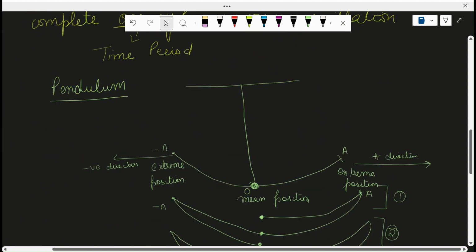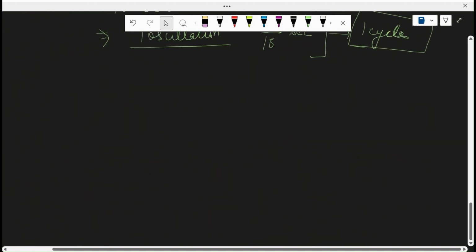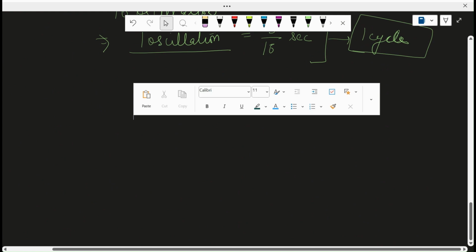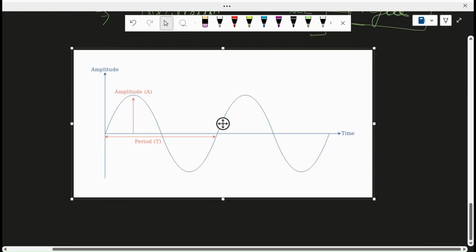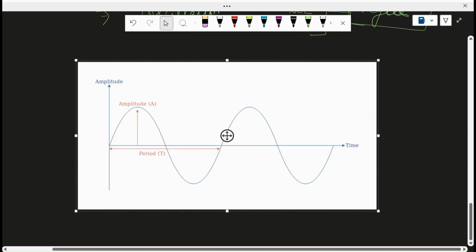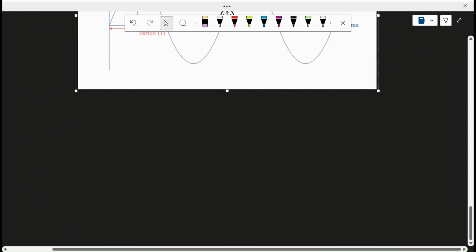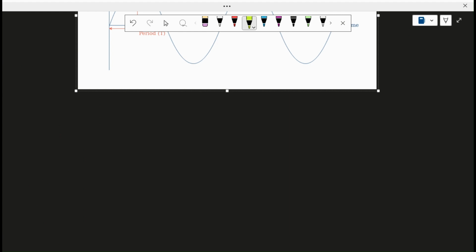So here, this was our basic diagram which we took. Next term is the vertical shift. The third term we are going to study is the vertical shift.